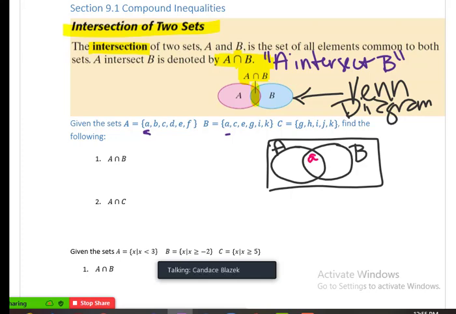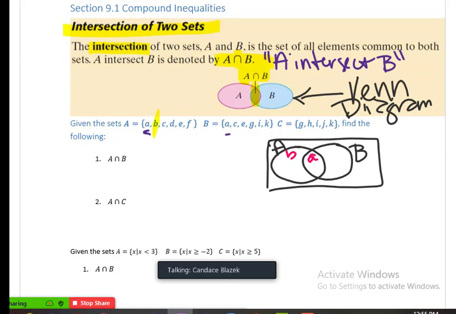Now notice it's in the circle of big A and it's in the set of B. Okay, let's look at the next one. I see a B in A, but it's not in B. So if I were to put it in the Venn diagram, I would write my B out here because it's not in the set B. It's only in the set A.